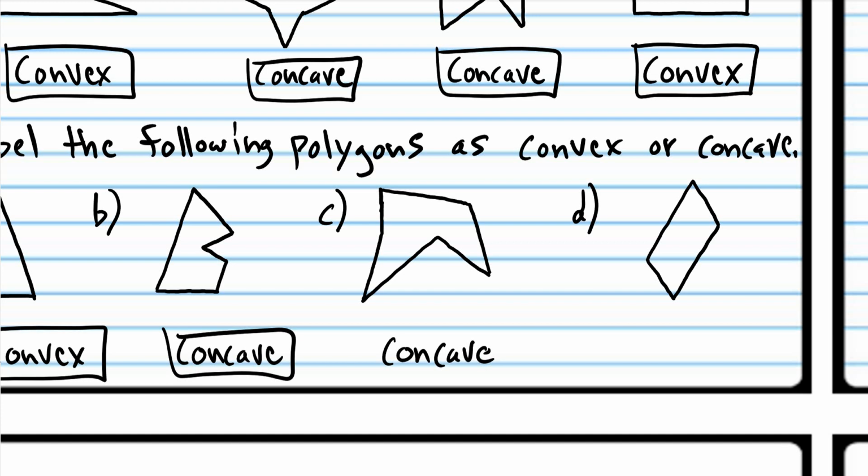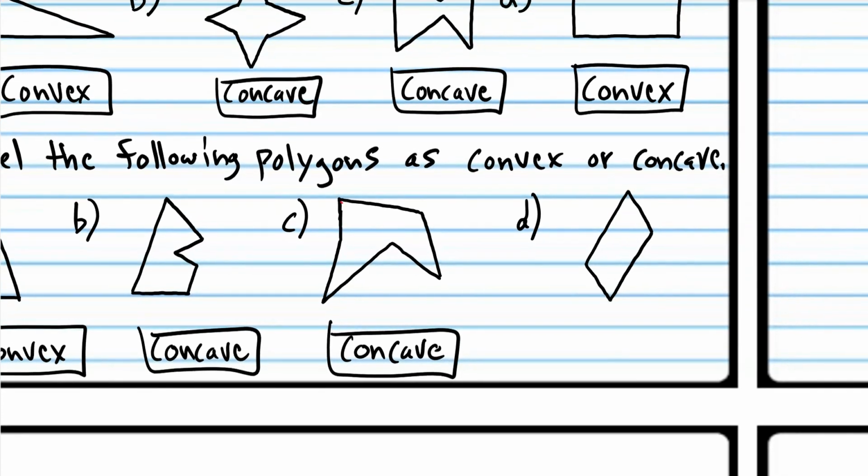It's a concave polygon because we have this angle here, which looks to be about 255 degrees. And we also have this angle here. Both of those angles are greater than 180 degrees. So this part of the polygon is caved inwards, and this part is caved inwards also.